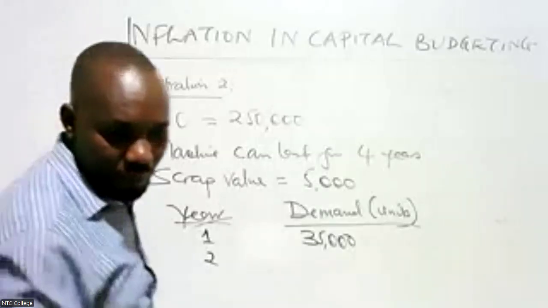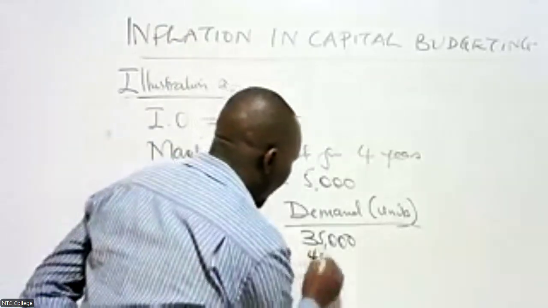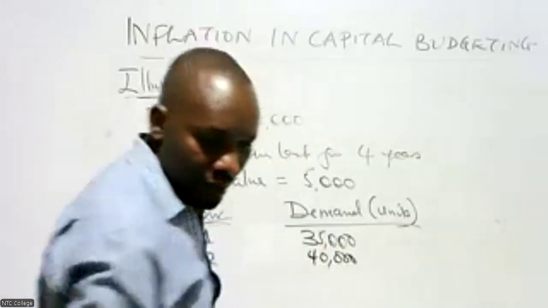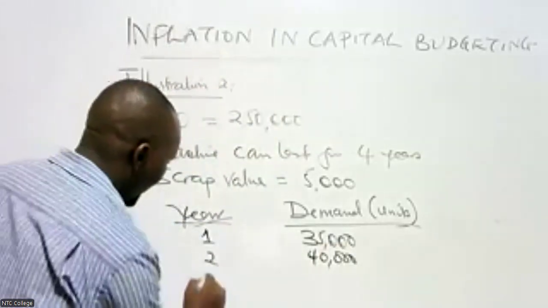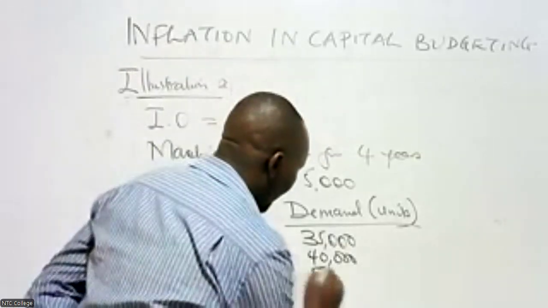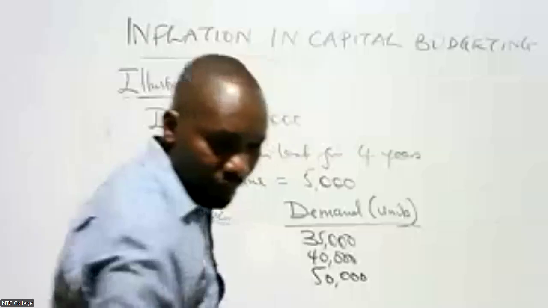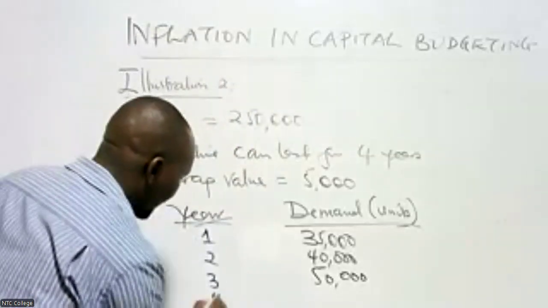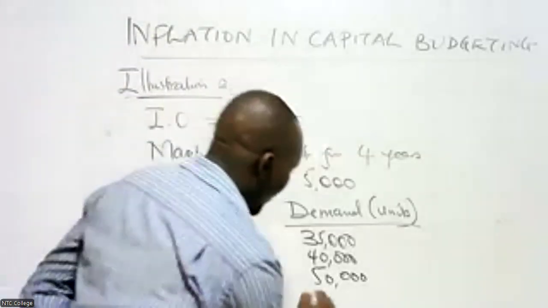Year two, 40,000. Year three, 50,000. Year four, 25,000.